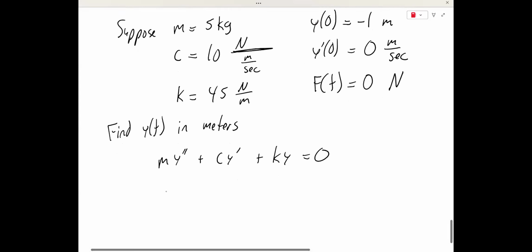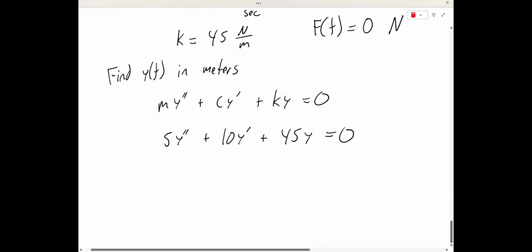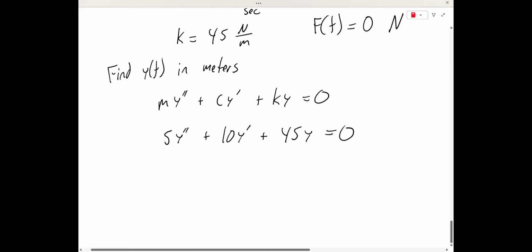So now the m is 5. That's the mass. And then the c is 10. And then the spring constant is 45. So we have that here. Now we need to solve this differential equation.